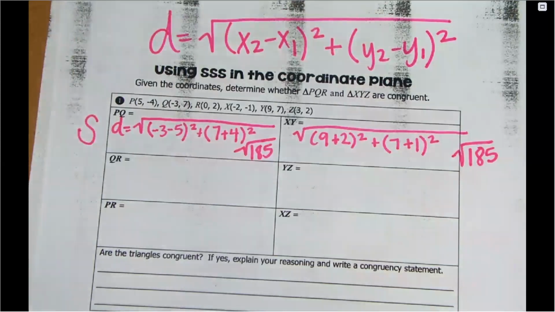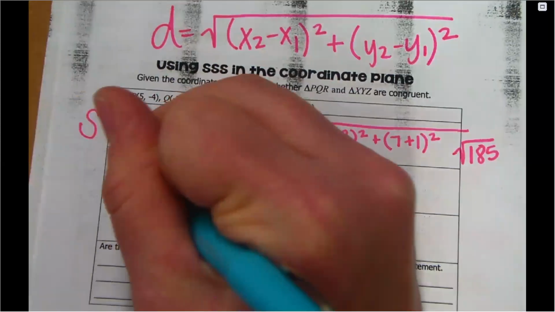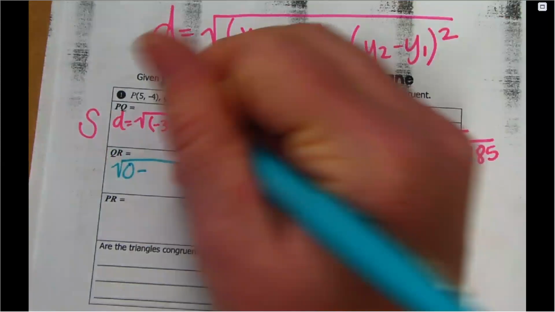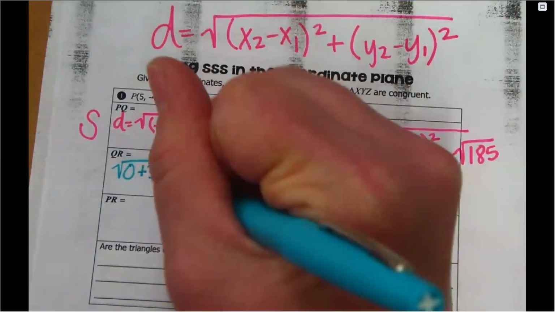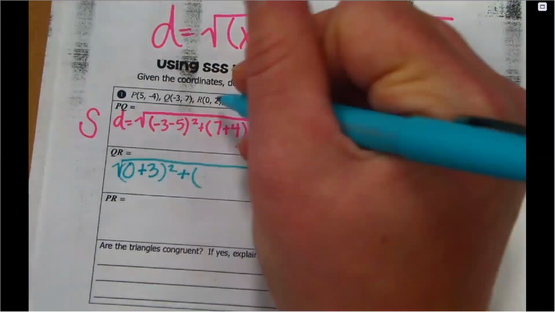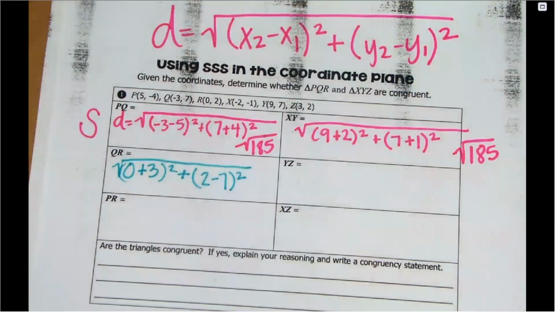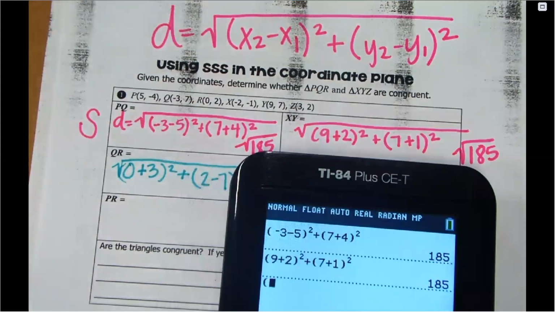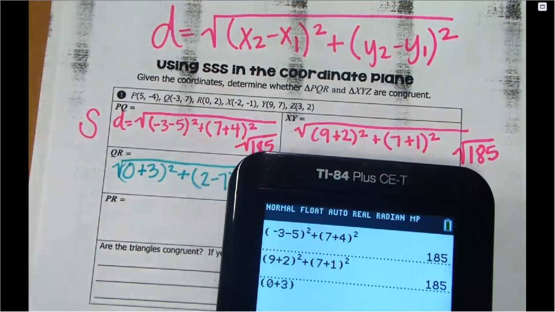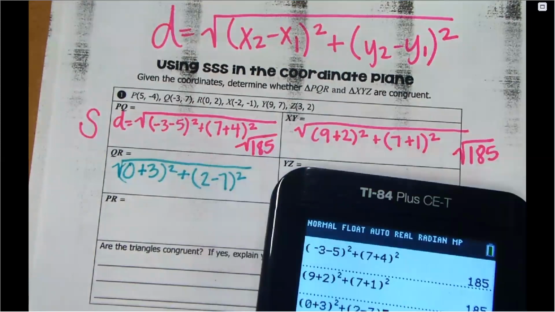Now we're going on to QR. So I go from 0 minus Q, which is -3, so plus 3. And then 2 minus 7. I'm going to type that in. 34.